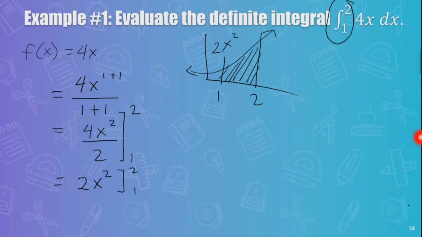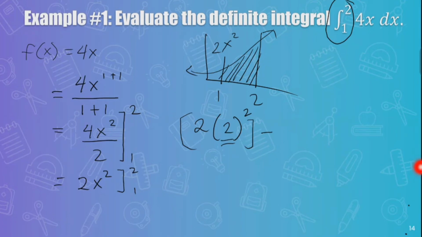Okay? Every time na nag-substitute tayo, unahin natin yung upper limit. Okay? We're in 2 times 2 squared. This one is the upper limit. Minus yung lower limit naman. So, substitute ulit natin siya.